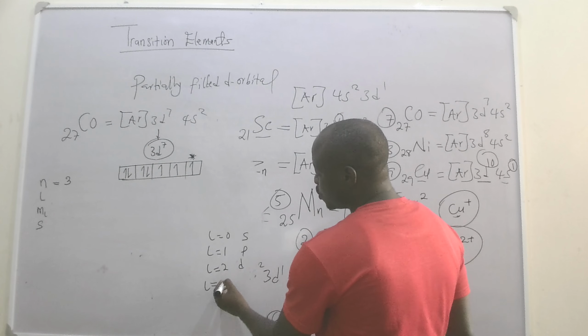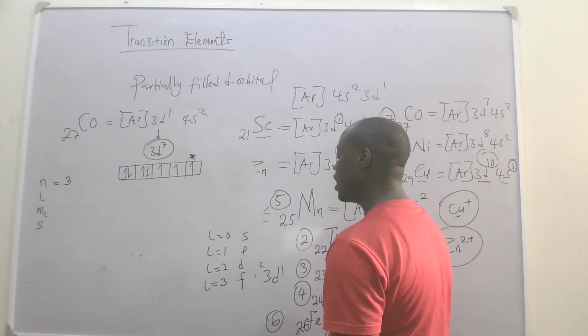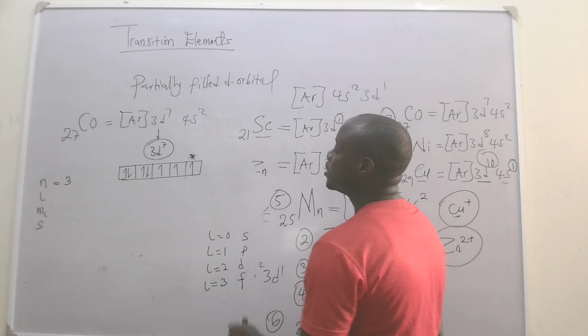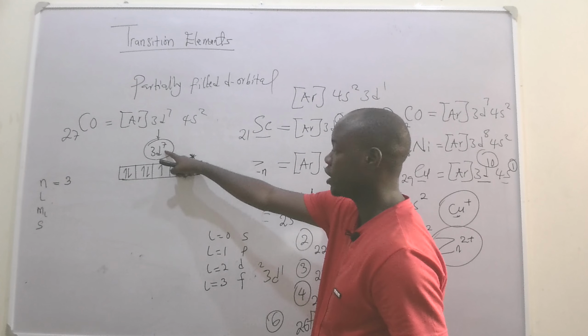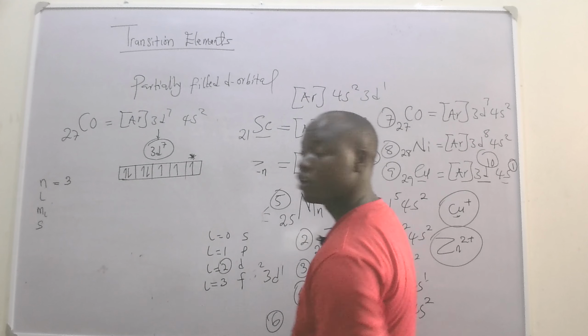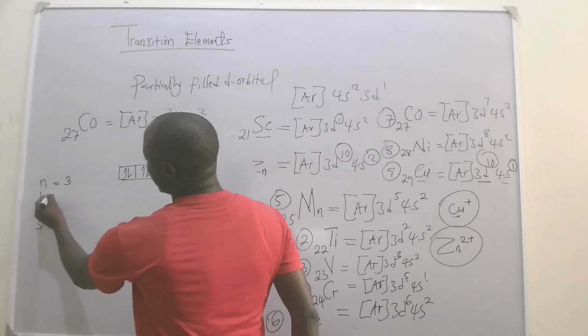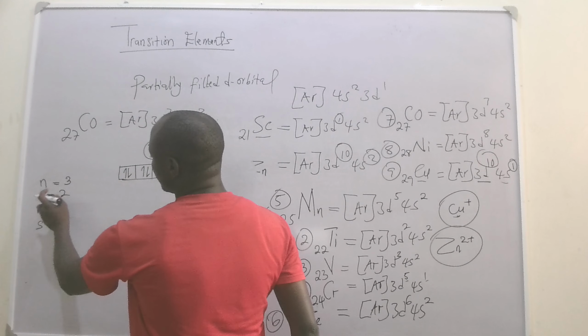When L is equal to 3, you have an f orbital. So now the question is, the 25th electron is in which orbital? It is in the d orbital. So the value of L is going to be 2.